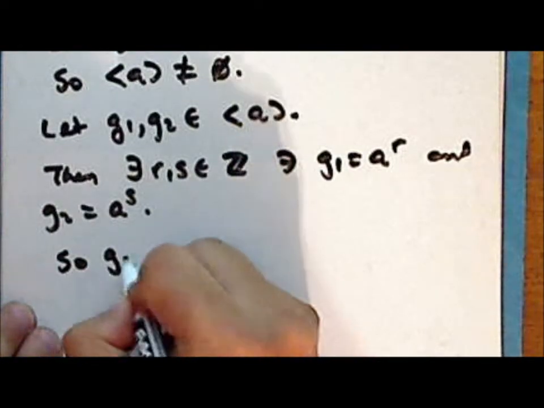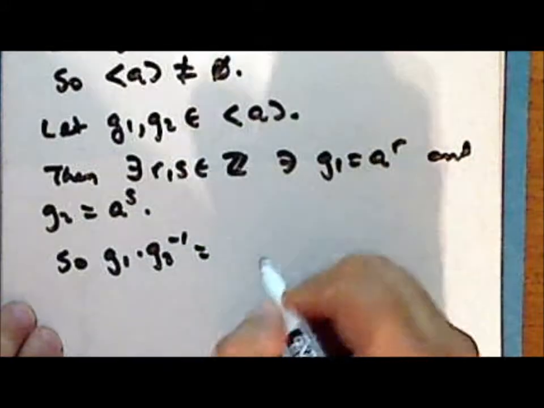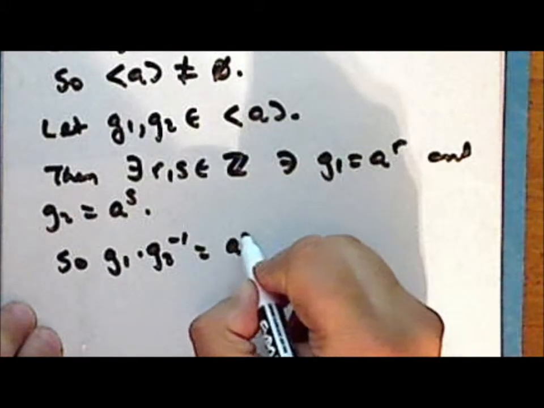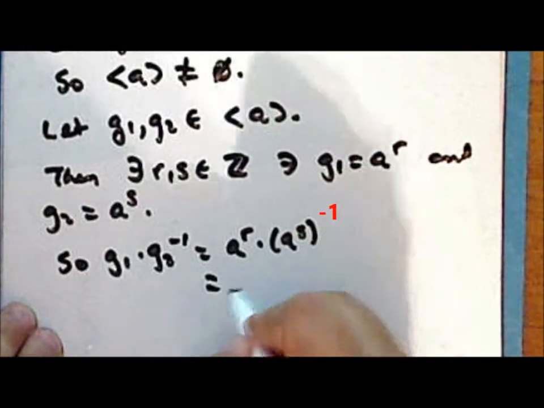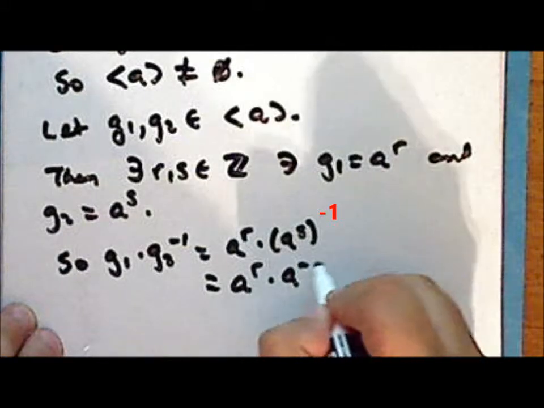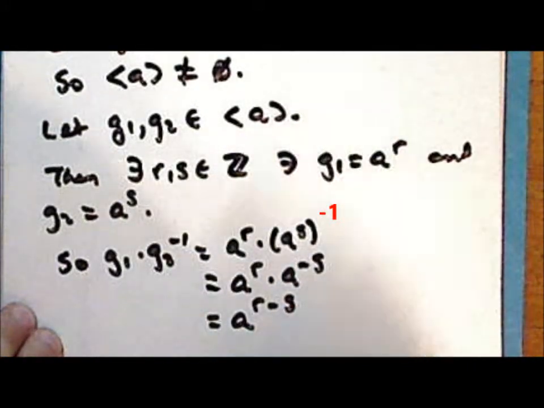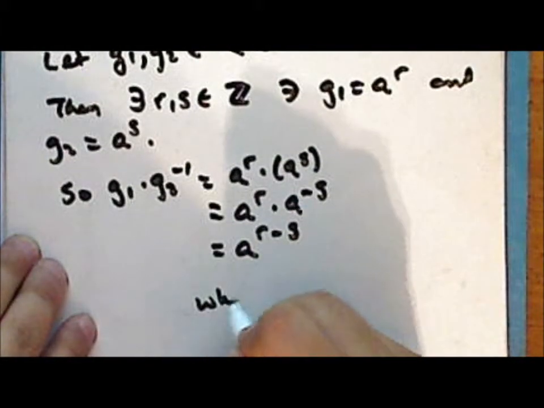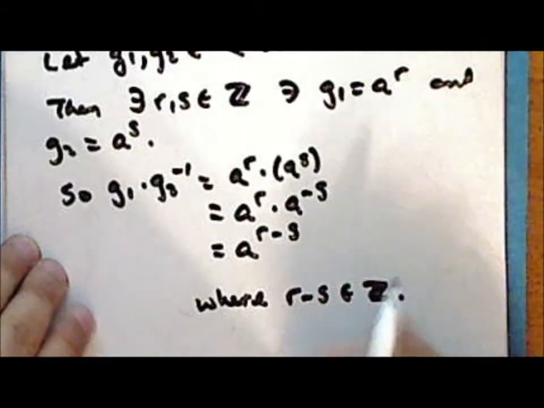So G sub 1 times G sub 2 inverse is A to the power of r times the inverse of A to the power of s, which is A to the power of r times A to the power of negative s, and this is A to the power of r minus s, where r minus s is an integer.